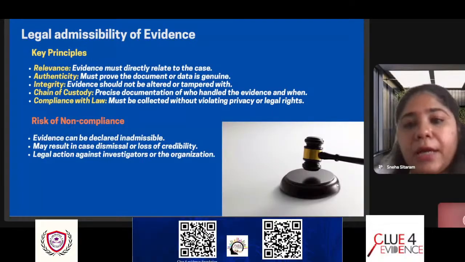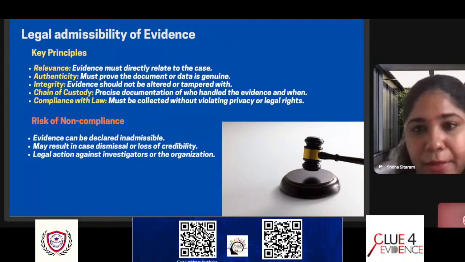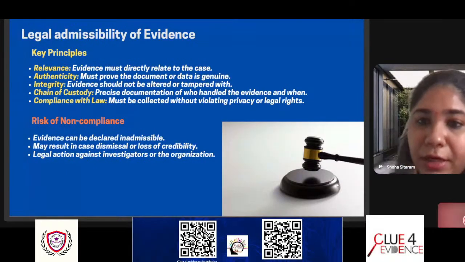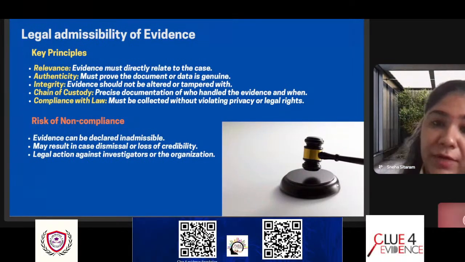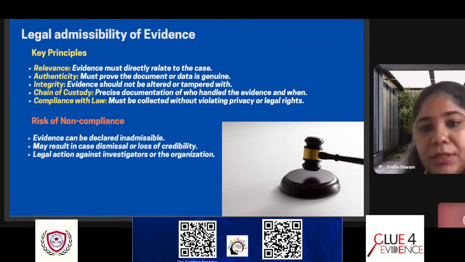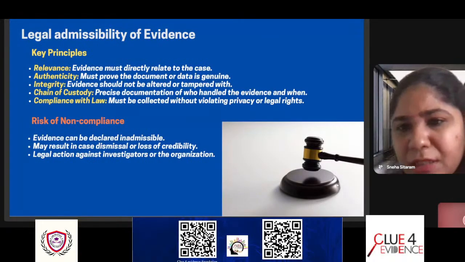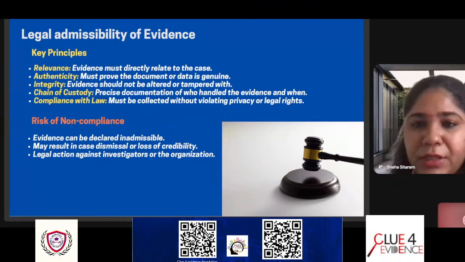It can turn against you and the organization. Or it can be a problem that the investigator themselves have changed something, so that the integrity gets affected. These kinds of cases normally can be rejected for non-compliance.